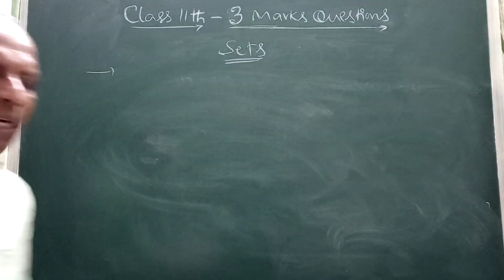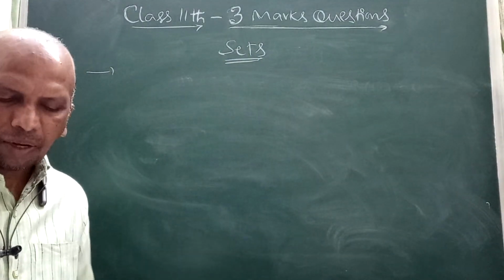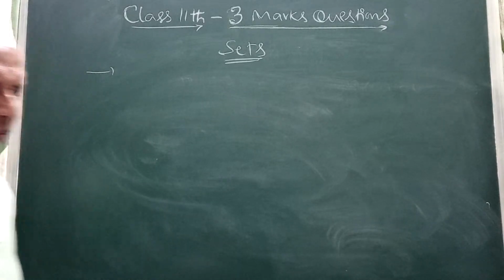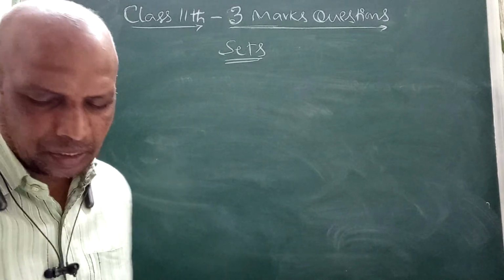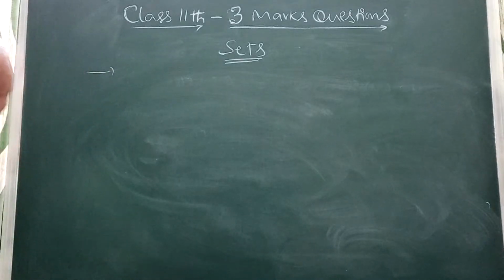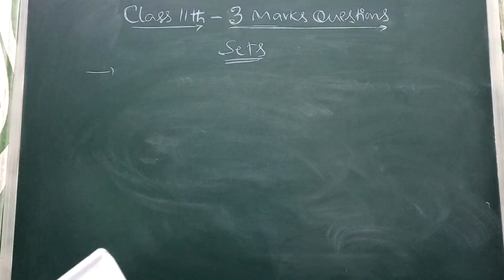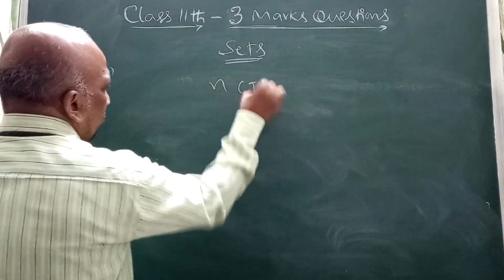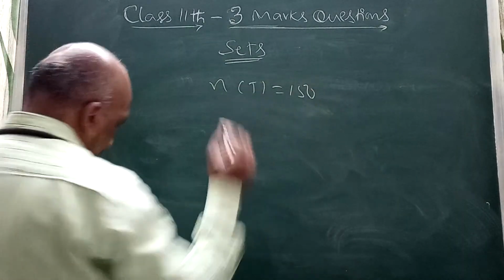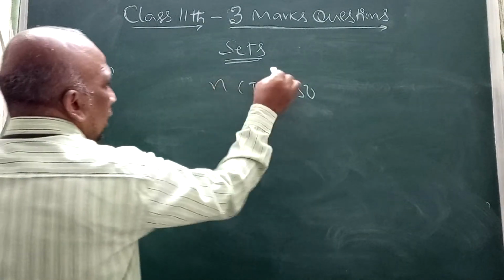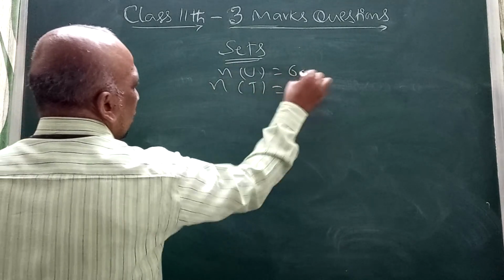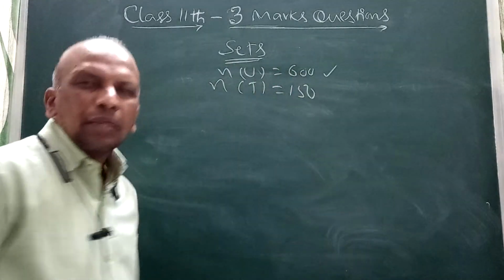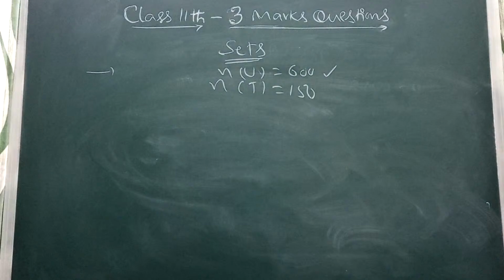In a survey of 600 students in a school, 150 students were found to be taking tea, right? n of T is equal to 150. Out of 600 students I can consider n of u is equal to 600 students. Taking tea, 150 students. Correct.